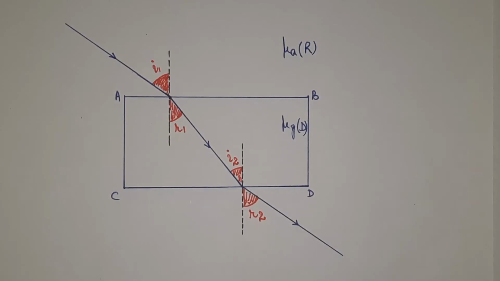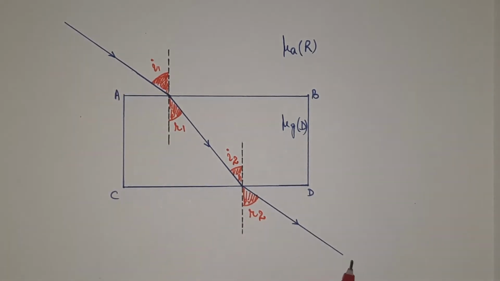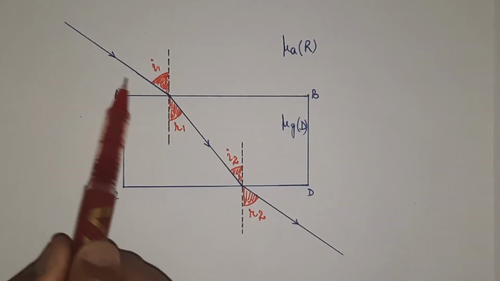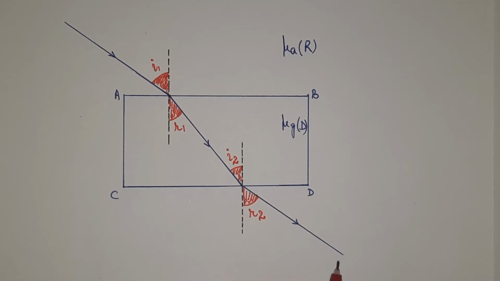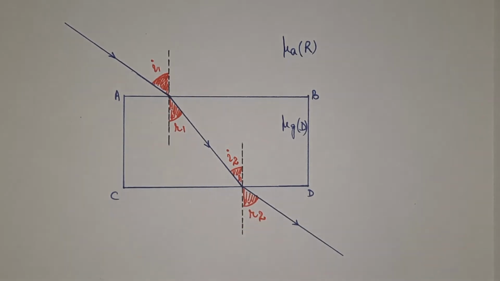Now concentrate on this diagram of refraction of light through a glass slab. This is the incident ray, refracted ray, and emergent ray. The incident ray and emergent ray are both parallel to each other, because I1 is equal to R2 and faces AB and CD are parallel.